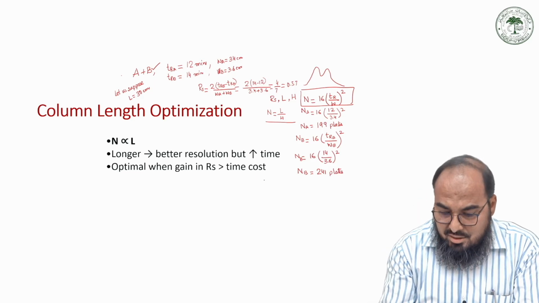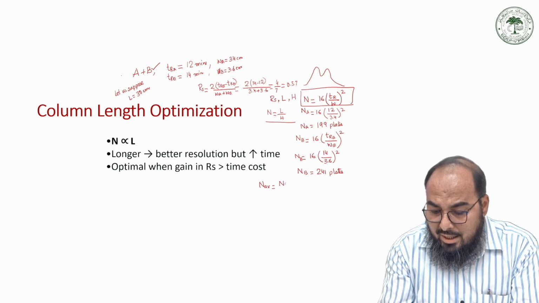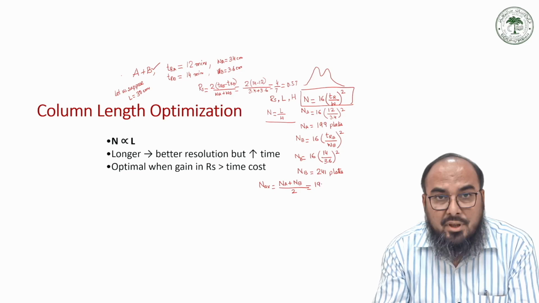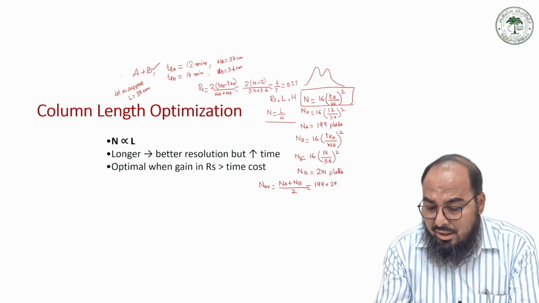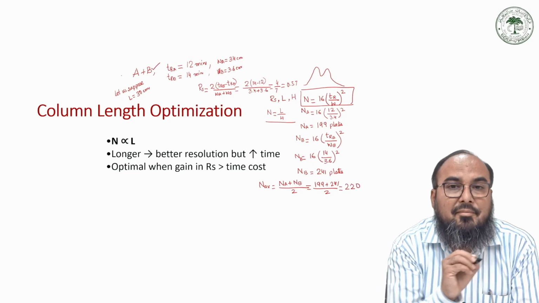Now the average plates you have to calculate. N average is equal to NA plus NB upon 2, that is 199 plus 241 upon 2, which comes out to be 220 plates.